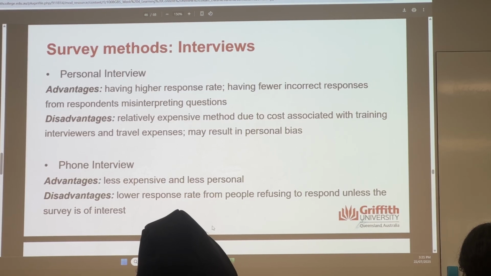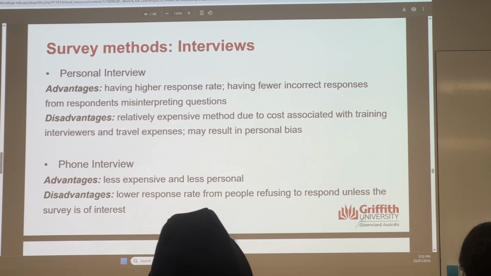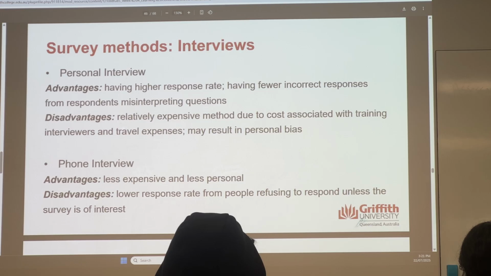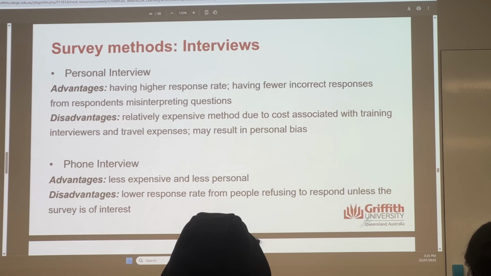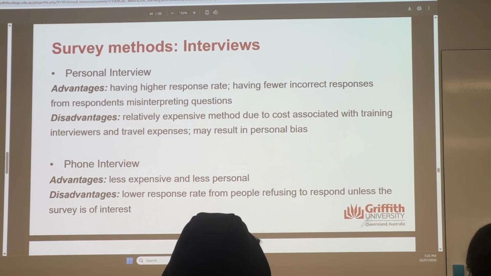So you have to personally go. That's going to be quite expensive. To overcome that situation, you can do a phone interview. You can pick up the phone and ring. But the problem is, when you call someone, it's easy for the other people to ignore your call.